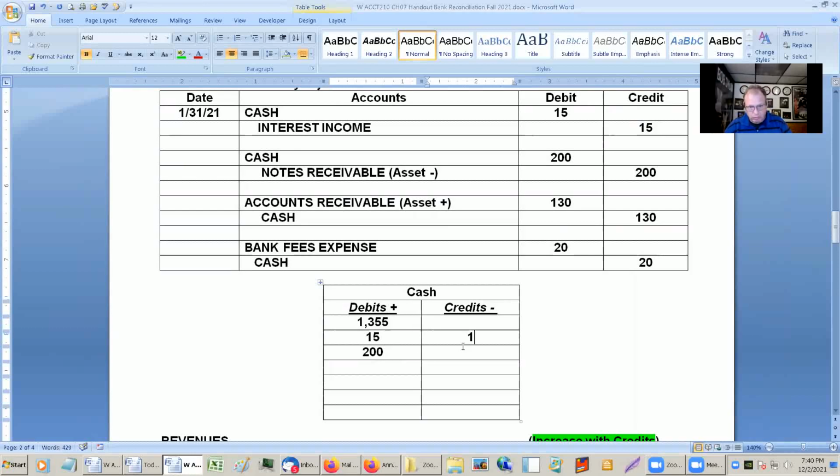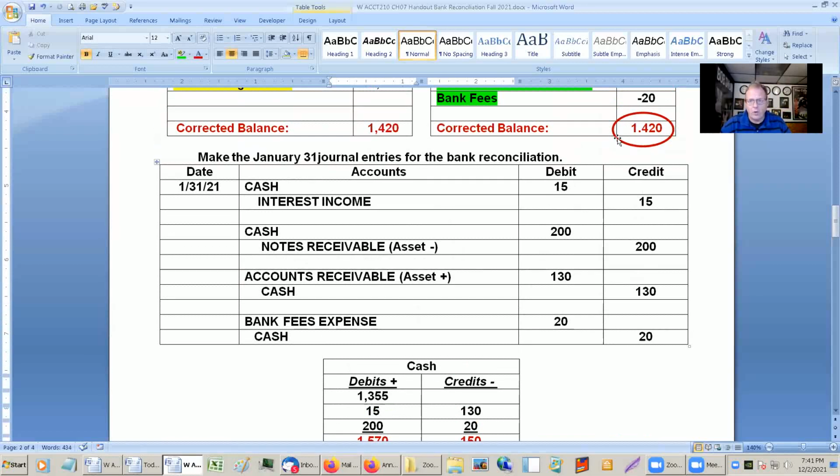Credit for 130. Okay, so we have 15, 70, and 150, which is what we want.